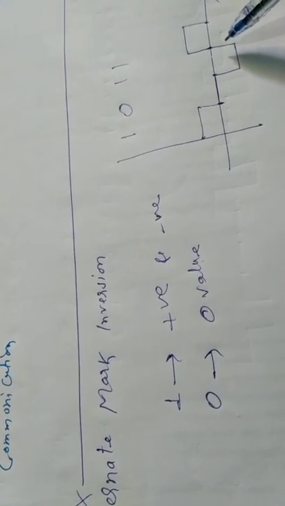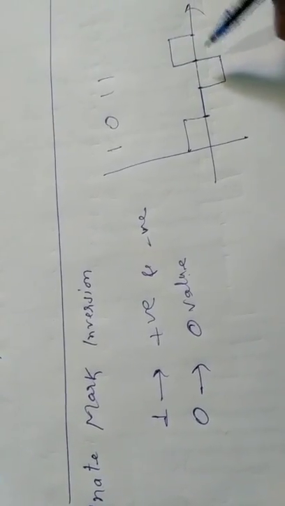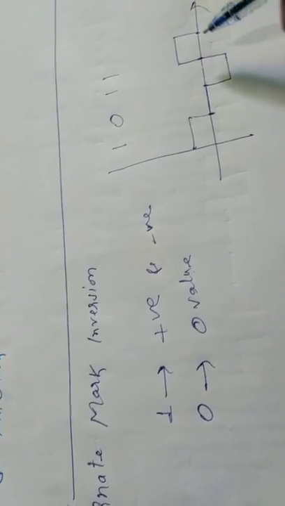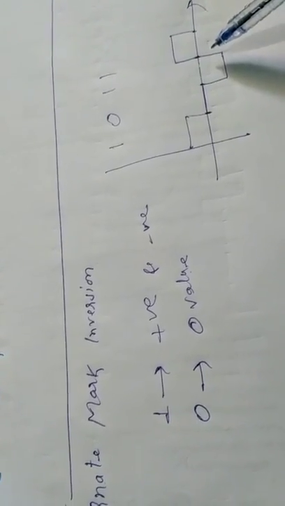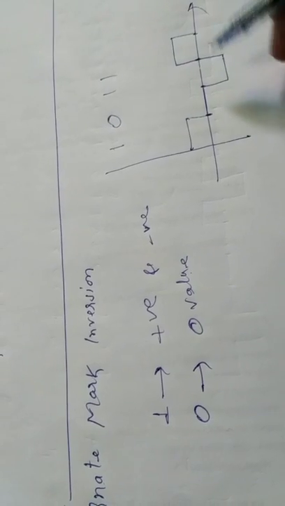alternative change in the polarity, and the advantage of this kind of scheme is that we will reduce the DC component and increase the AC component. With the increment of AC component, this kind of signaling scheme can easily be transmitted through the transmission line because the DC component is going to reduce.